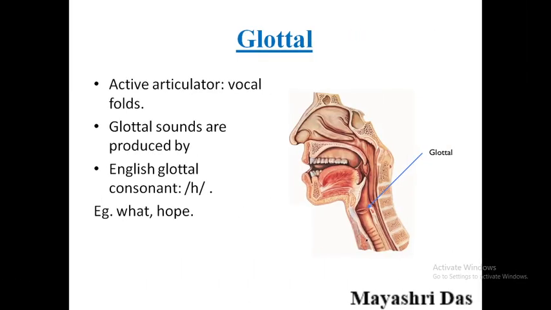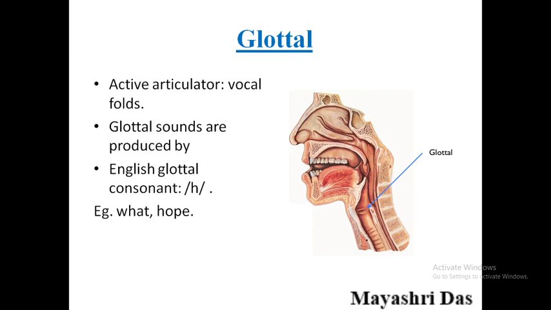The last one is glottal sounds. These sounds are produced in the glottal region, or the glottis, which is also known as the vocal cord of human beings, where the active articulators are the vocal folds present inside the voice box, the vocal cord or the larynx, and there are no passive articulators.